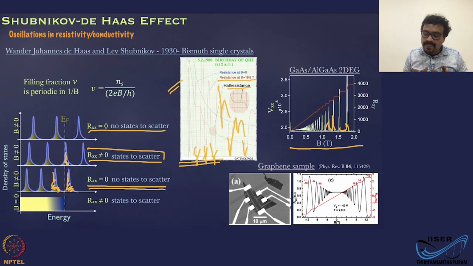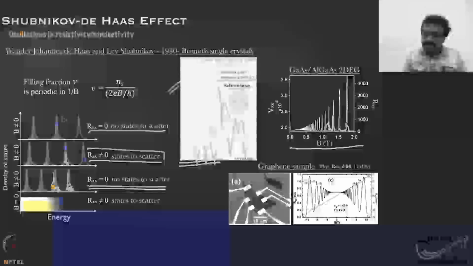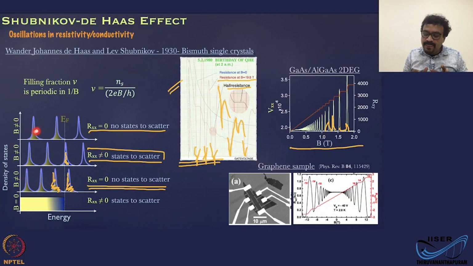Now, whenever you have no states, that means in this configuration or in this configuration, here or here, there are no states at the Fermi level to backscatter, so no resistance. That's what is happening here also. Okay. And this is for a graphene sample. The reference is here.